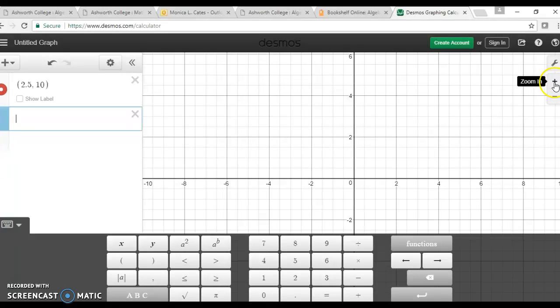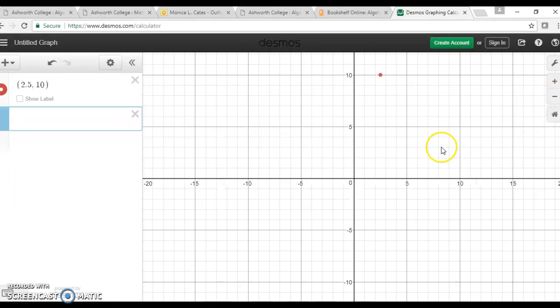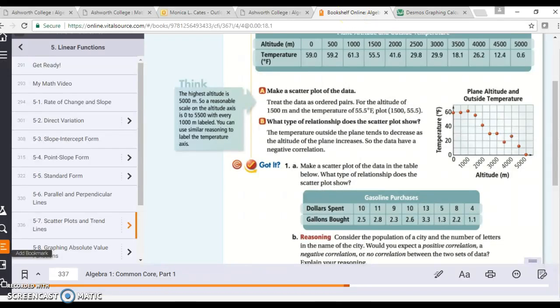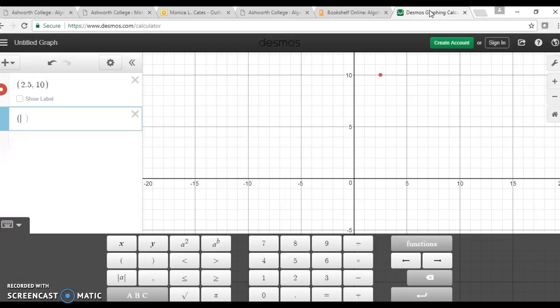Can't see it, so I'm going to zoom out. There it is. All right. The next one is 2.8 and 11. I said that backwards, excuse me.